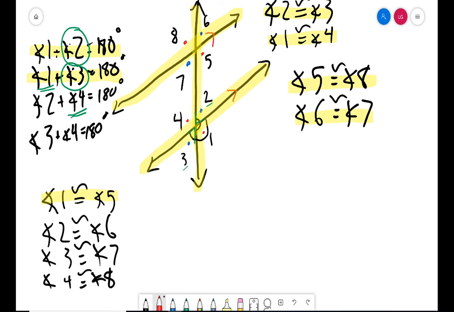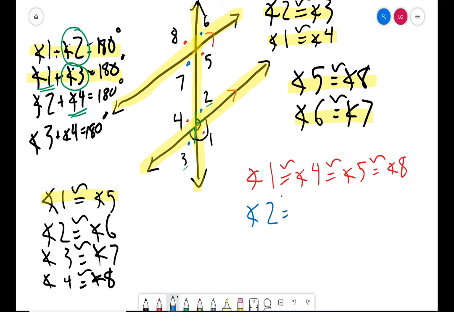So all the red dots are congruent, all the angles that those red dots represent. And all the blue dots as well. So two sets of 4 congruent angles when we have parallel lines cut by a transversal.